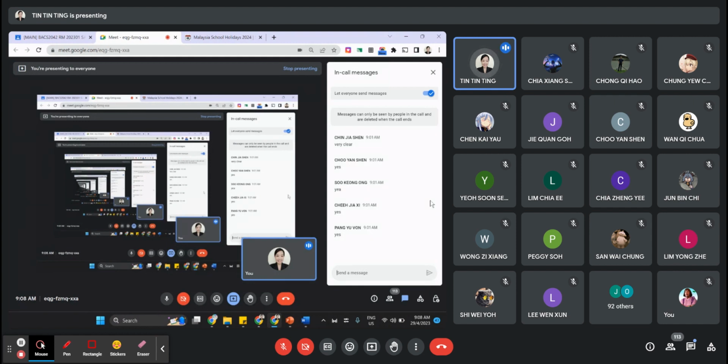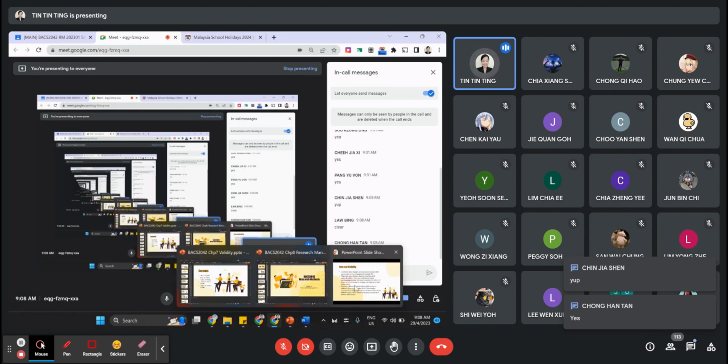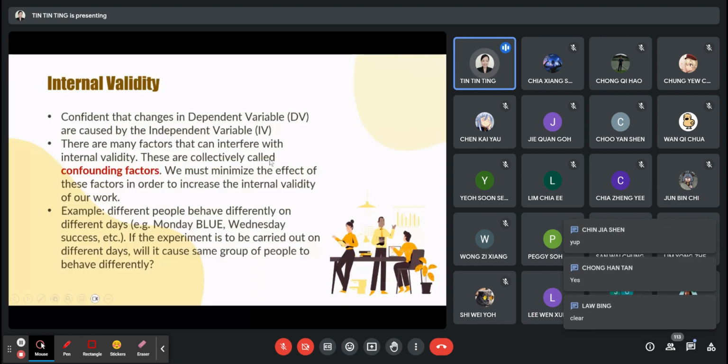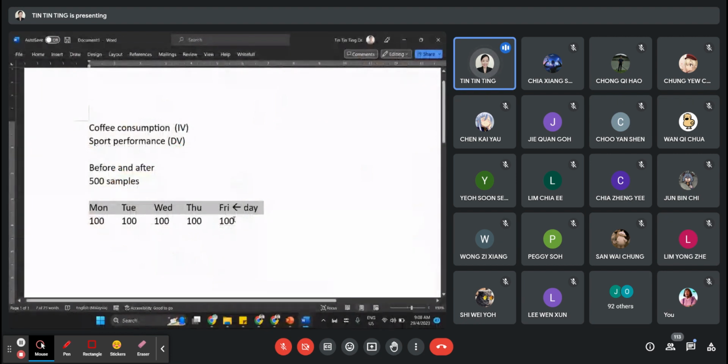Confounding factors are factors that might affect your DV, but you did not include them in the IV. So we must try our best to avoid these confounding factors because we are not going to include them in our experiment. So try to reduce this.